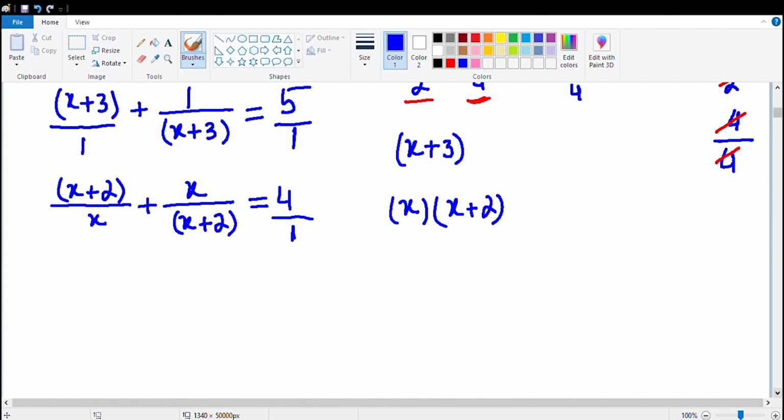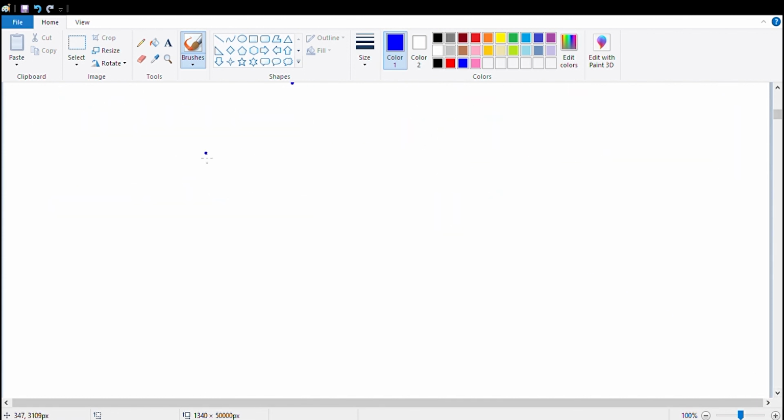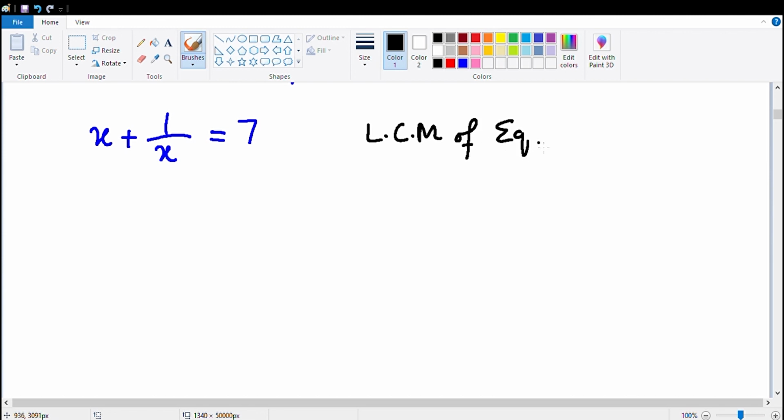Right, now let me just solve for you x plus 1 over x equals 7, just to show you how it actually works as well. So we have x plus 1 over x equals 7, and the LCM of this equation is, as you can see, there's only one denominator. The others are basically just 1.